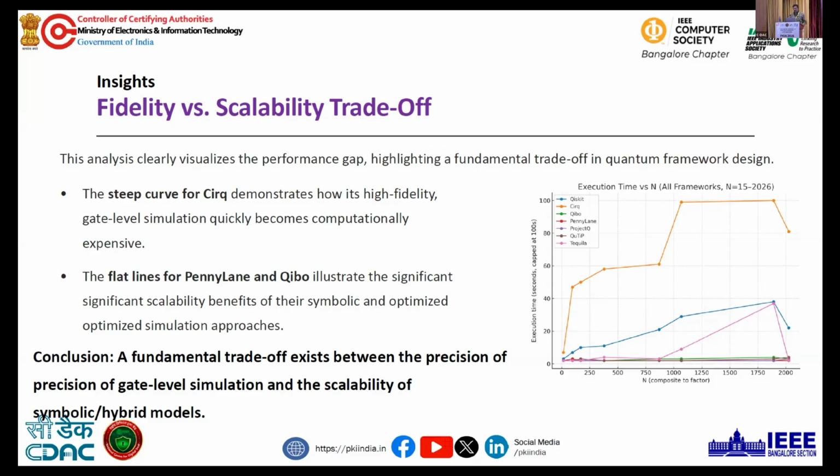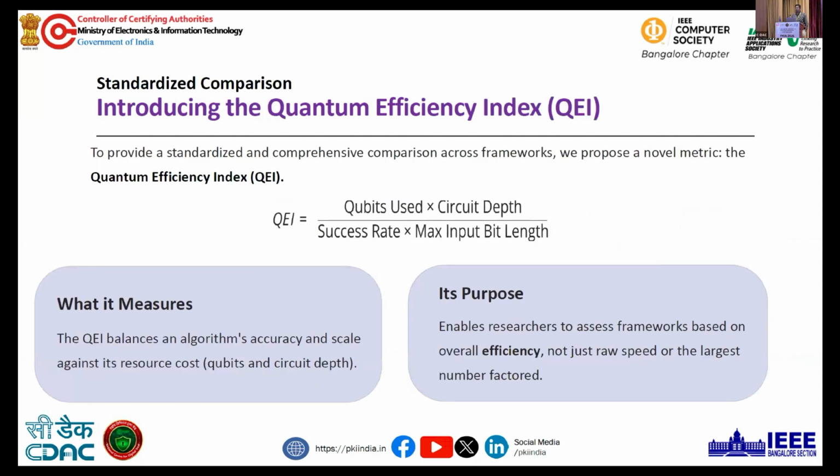Moving to the next slide, based on this analysis, we are introducing our Quantum Efficiency Index, a novel benchmark metric. To capture this trade-off, we introduced the Quantum Efficiency Index. It balances the success rate, maximum bit length factored, qubits used, and circuit depth.